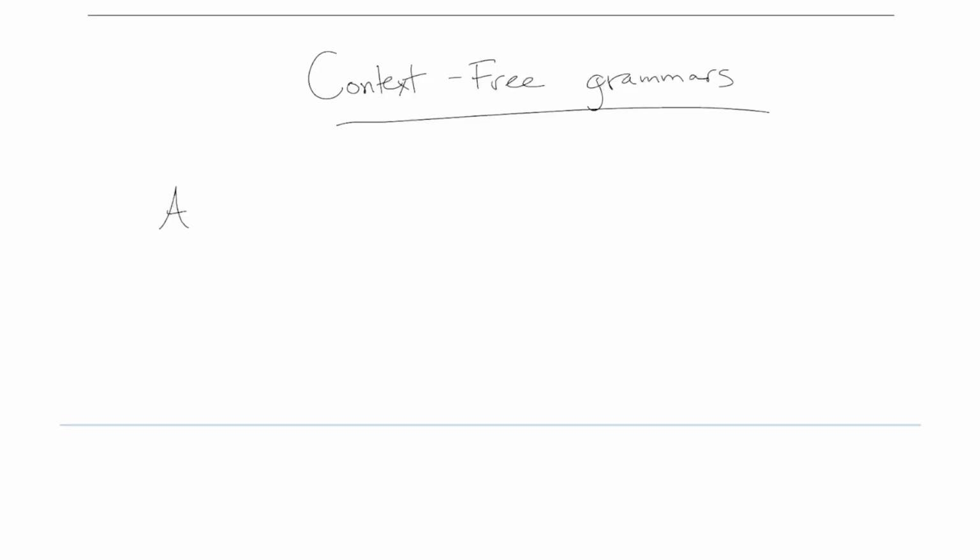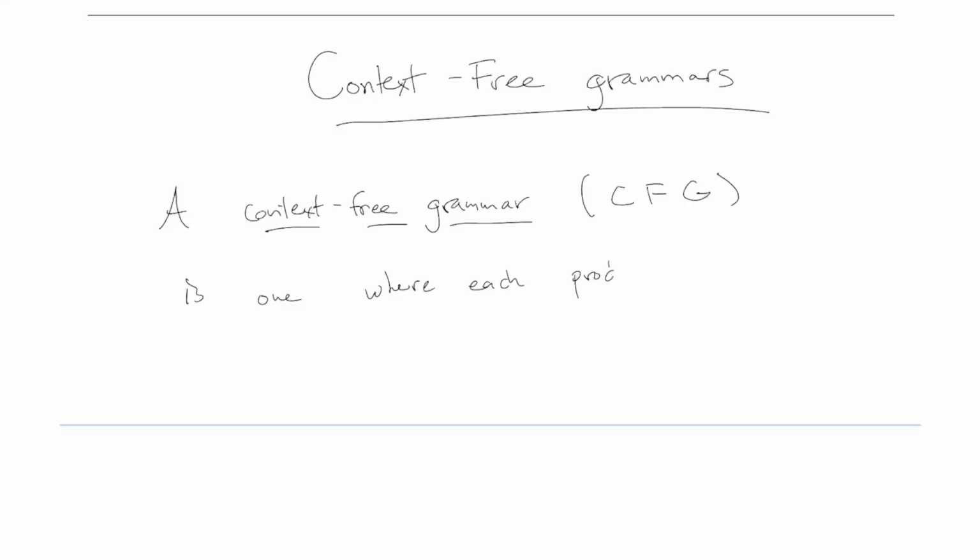So a context-free grammar, this includes all the single step and the right linear. Those are all automatically context-free. Context-free grammar, which I am going to say CFG, is one where each production has the form X goes to something, something, something.